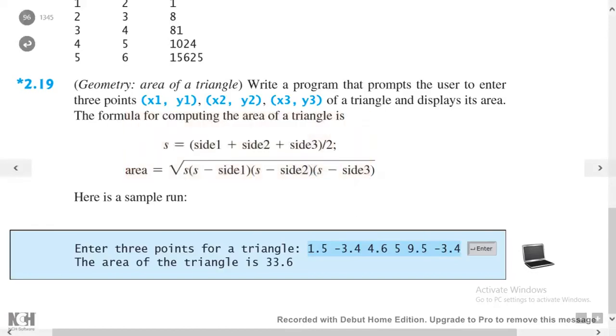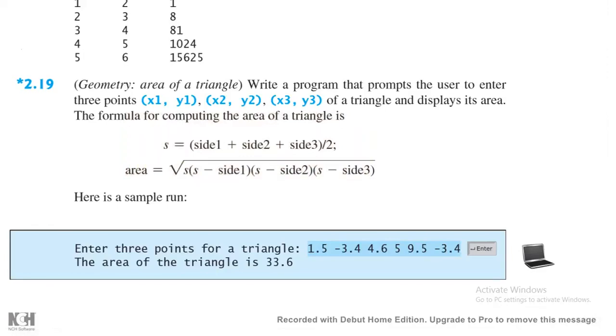We are given S, which is nothing else but the sum of the 3 sides divided by 2. So our area will be the square root of S times (S minus side 1), multiplied by (S minus side 2), and also by (S minus side 3). So it's basically the product of S and all these three terms.